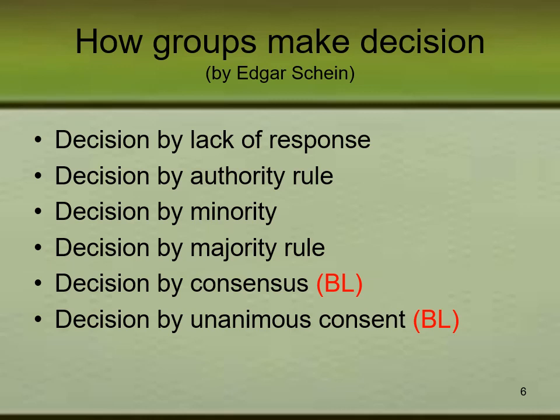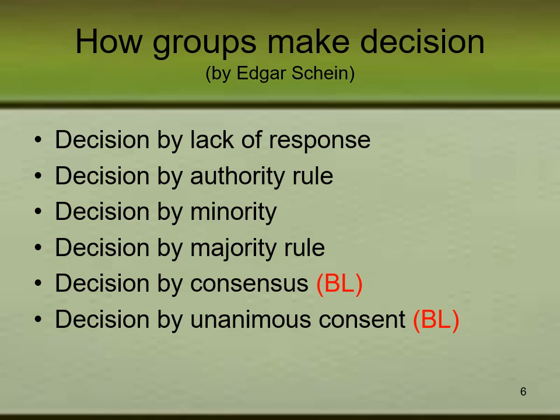Then the second member, let's say B, throws out an idea, and suddenly this idea gets a response from the other members. So this situation of group decision making is called lack of response because some of the ideas thrown out by some members were not given any response, and because of this, these ideas were not discussed. Only ideas which got a response will be discussed and considered for the final decision.